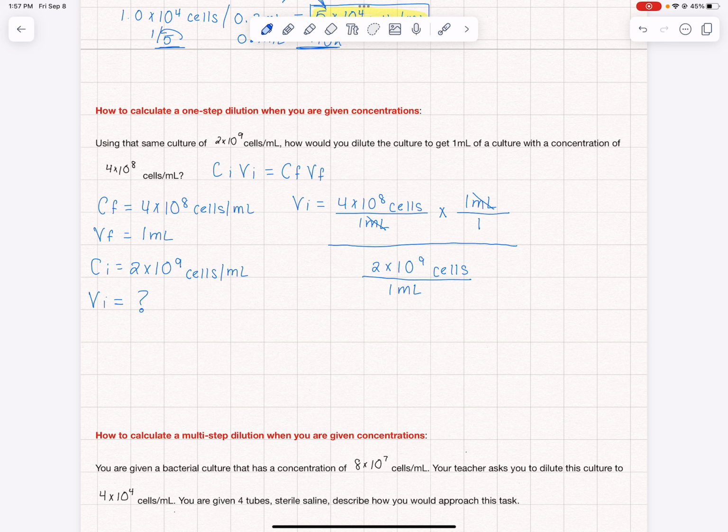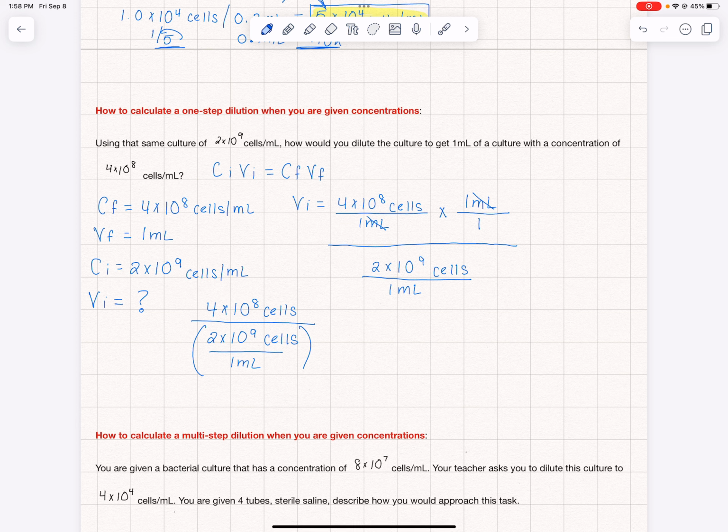And then what we are going to do is begin to simplify our equation. So here we will now have 4 times 10 to the 8th cells divided by 2 times 10 to the 9th cells, and that's all going to be over 1 mil.